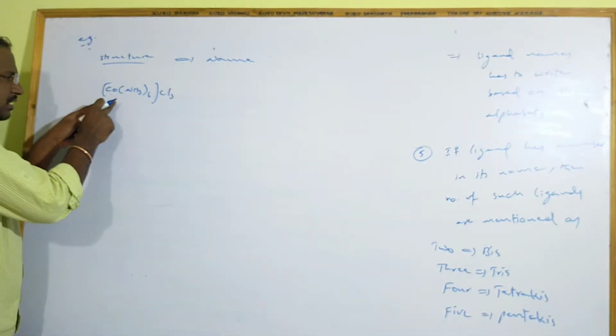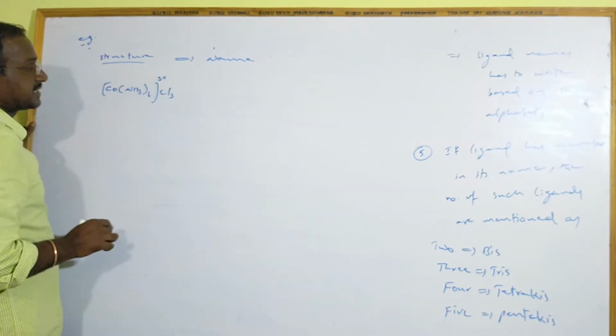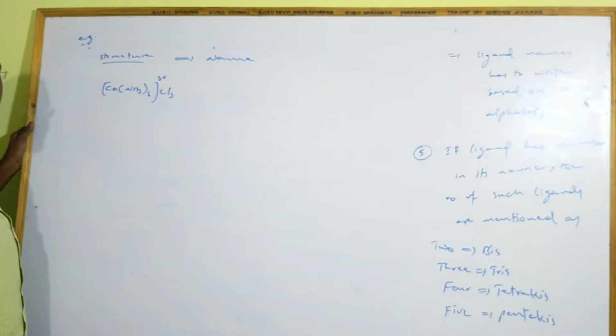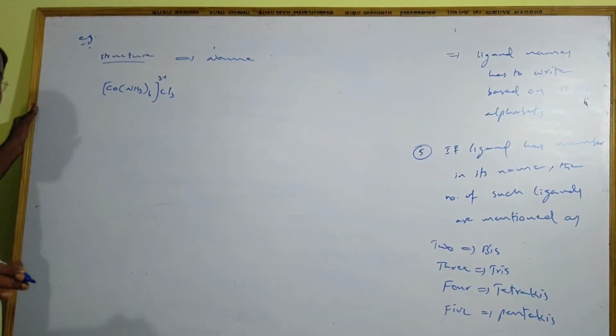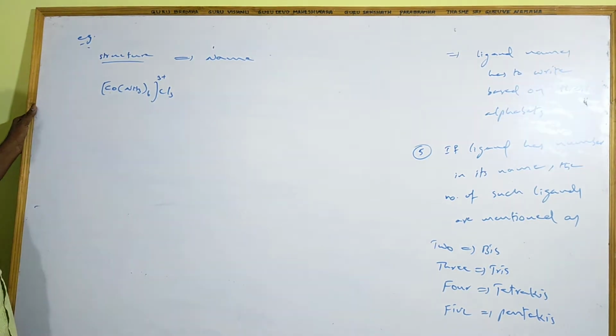If you ionize this, you will get a +3 complex cation and 3 Cl minus. So here the complex is the cation, and first we have to write the name of the complex.